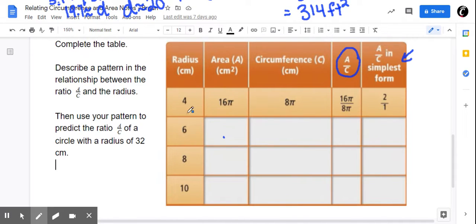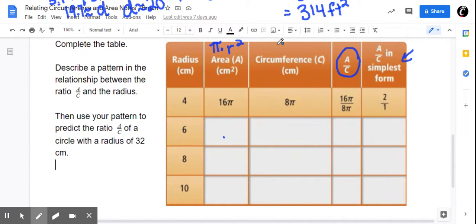So given a radius of 4, the area, remember our area formula is pi times radius squared. So we're going to do pi times 4 squared. 4 squared is 16, so 16 pi. And since they don't tell us to use 3.14, we're just going to keep it in terms of the symbol pi. So we're going to leave it as 16 pi.